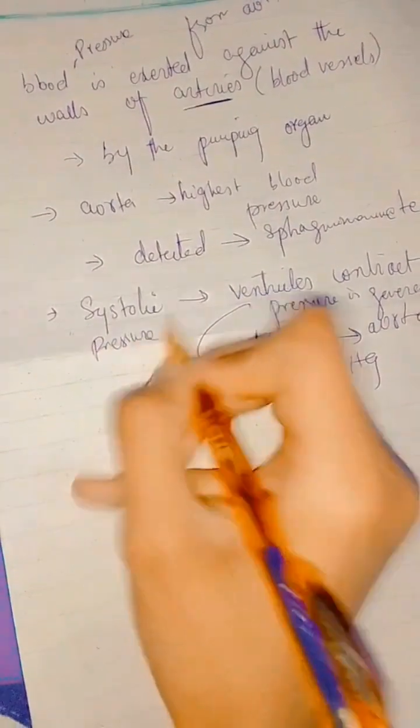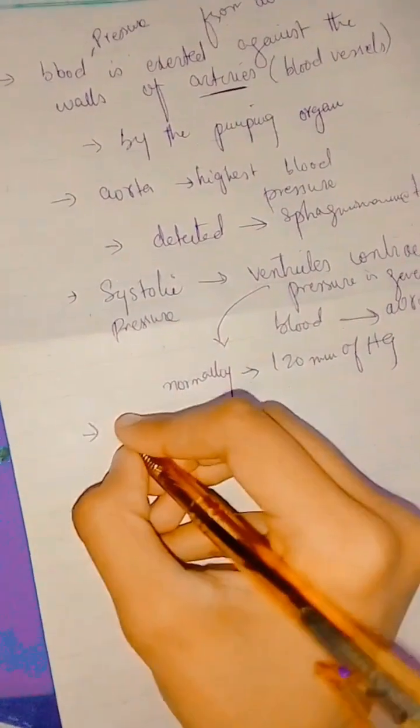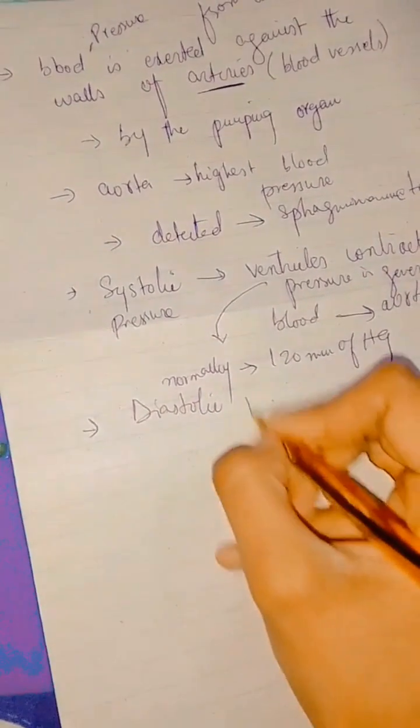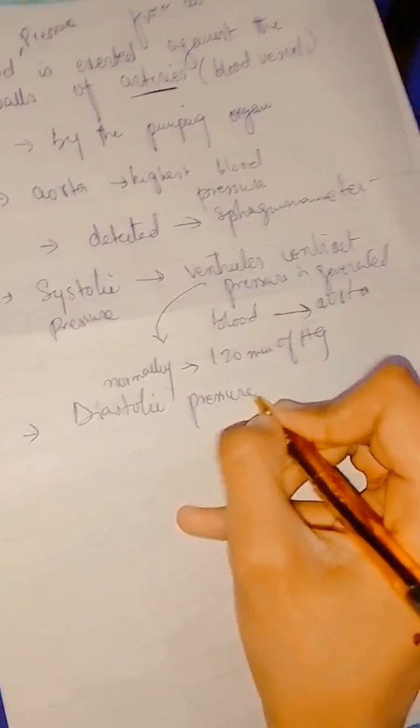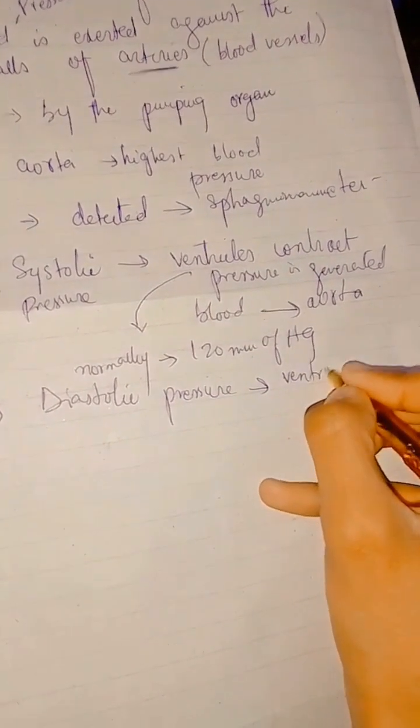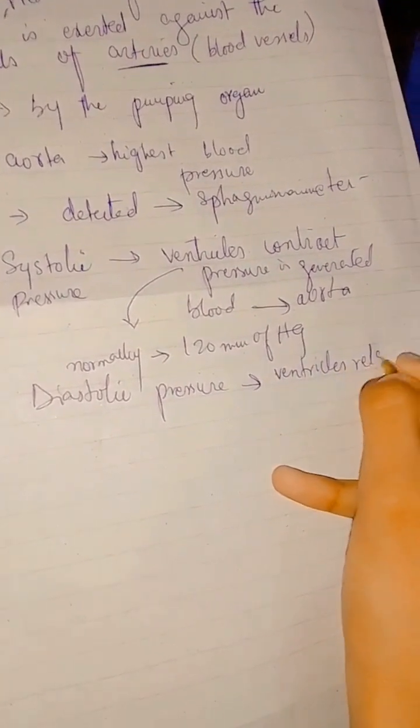Then the diastolic pressure is generated when the ventricles relax.